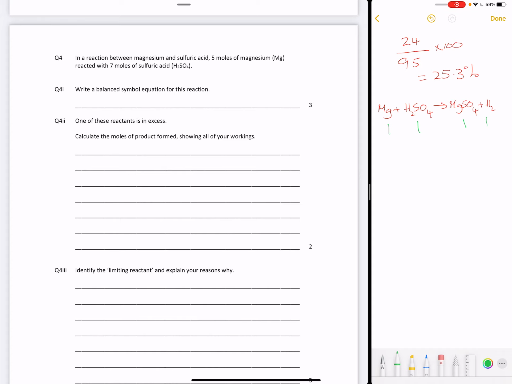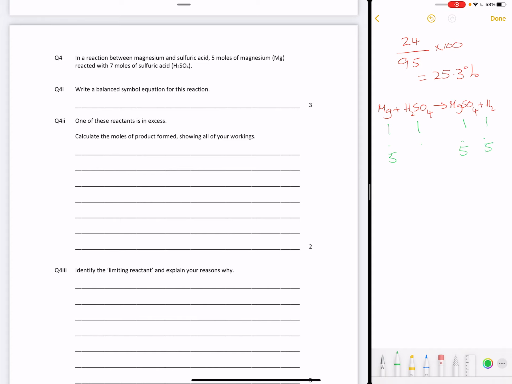So looking at the next question, one of these reactants is in excess. Calculate the moles of products formed, showing all your working out. Well, in the question, I'm using 5 moles of magnesium. Now looking at this, because it's 1 to 1 to 1 to 1, if I use 5 moles of this, then I'm also going to get 5 moles of magnesium sulfate and 5 moles of hydrogen.